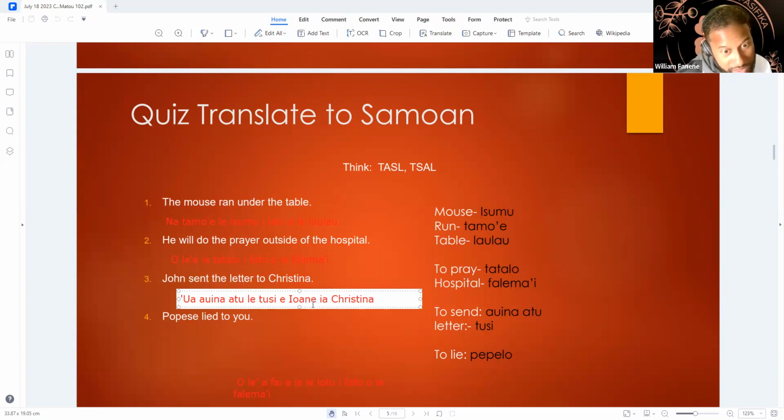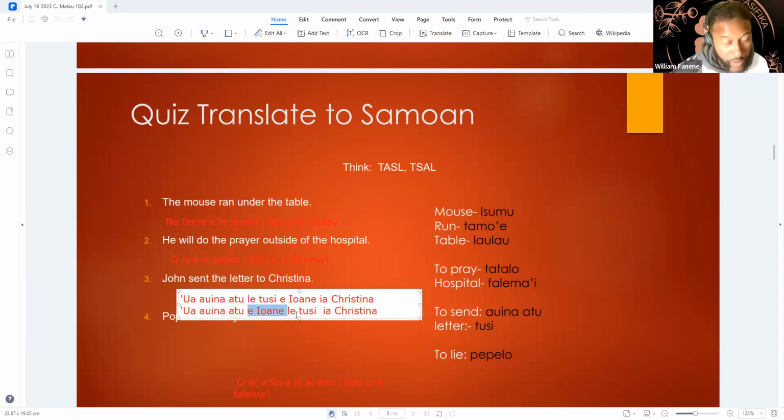Ua awinatu letusi e Ioanne ya Christina. Exactly. We said it like that. The other way, remember, because we have the e, we could also just take the e, and because a lot of people speak this way as well, they'll say ua awinatu e Ioanne letusi ya Christina. Both of these are saying the same thing. You're just flipping around the Ioanne and letusi.